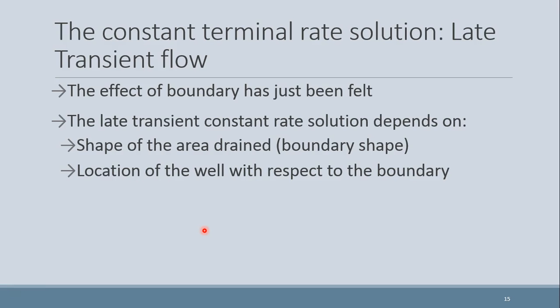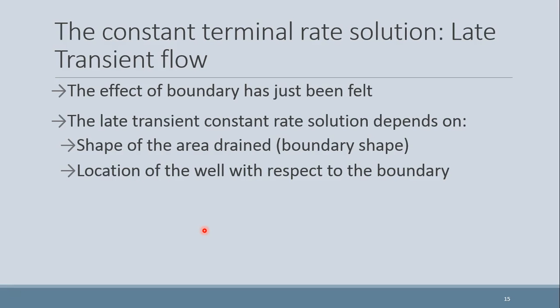So at some orientation it will reach the boundary earlier, and at another orientation it will reach the boundary later. So in all directions the boundary may not be reached at the same time.